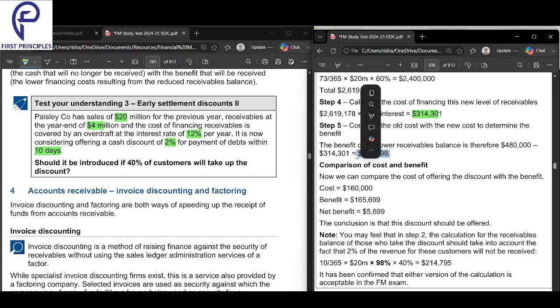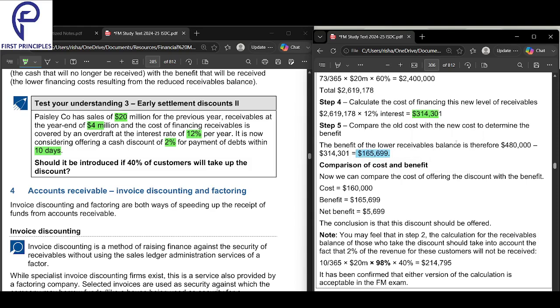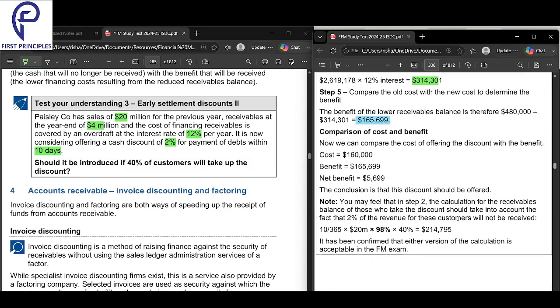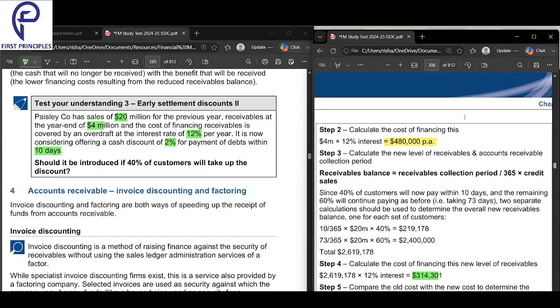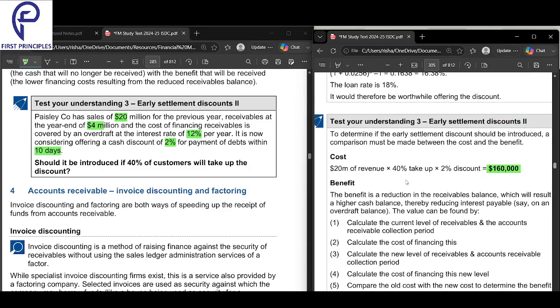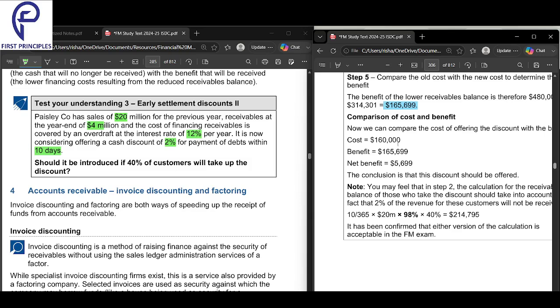You're saving 165. So what you should do is give the discount. The cost is 160, the benefit is 165. Initially we saw the cost of giving the discount was 160,000: 20 million, 2%, and 40% will take it.